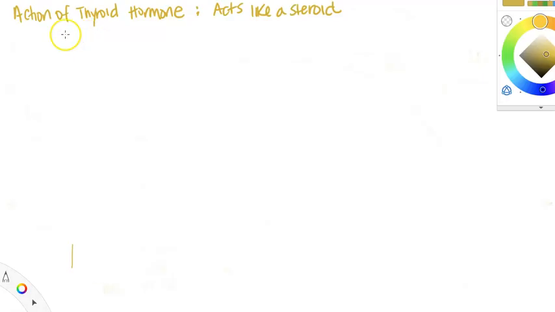So the action is protein synthesis. Its receptors are inside the cell.